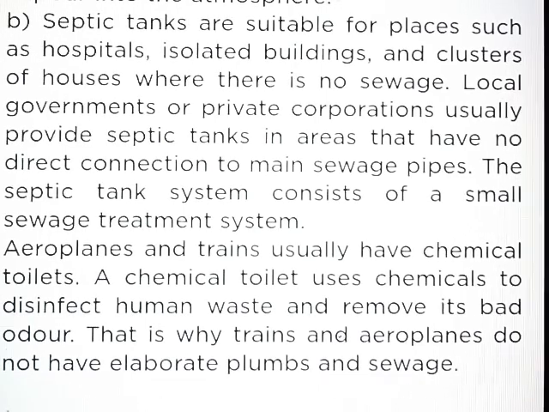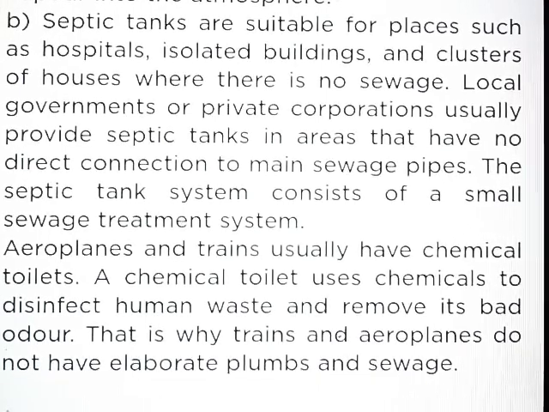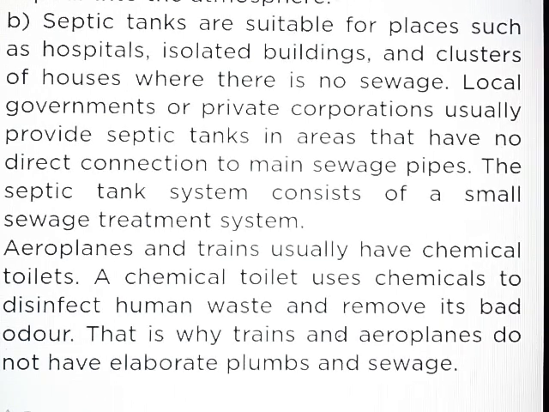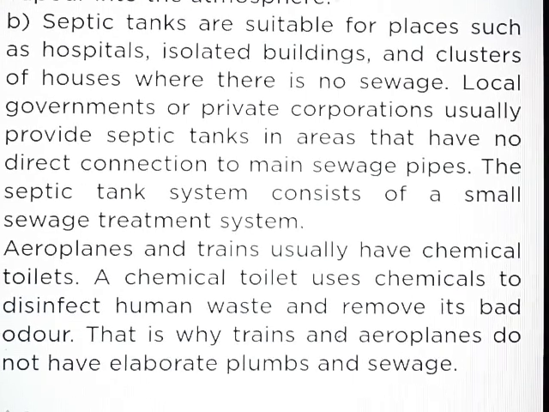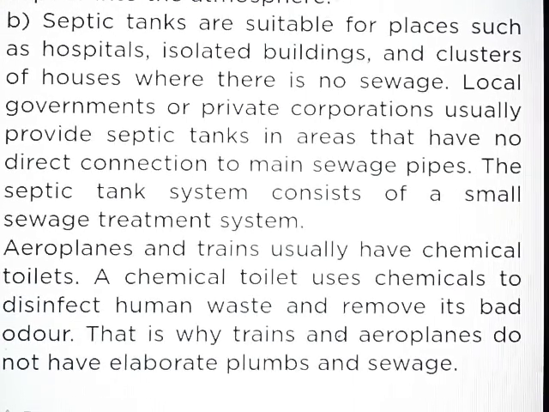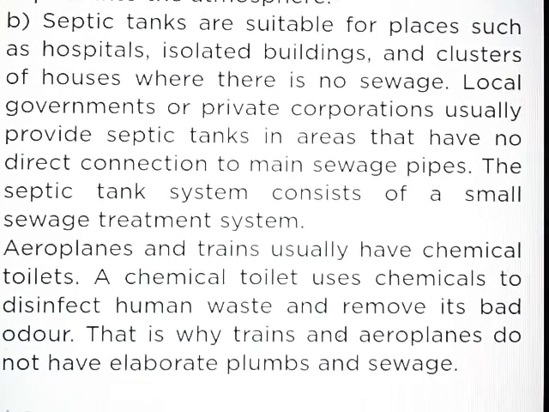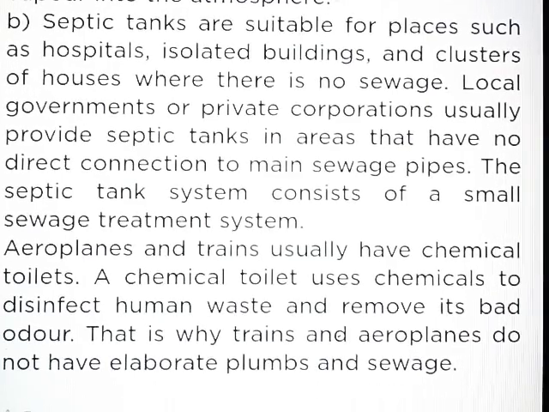The septic tank system consists of a small sewage treatment system. Aeroplanes and trains usually have chemical toilets. A chemical toilet uses chemicals to disinfect human waste and remove its bad odor. That is why trains and aeroplanes do not have elaborate plumbing and sewage.